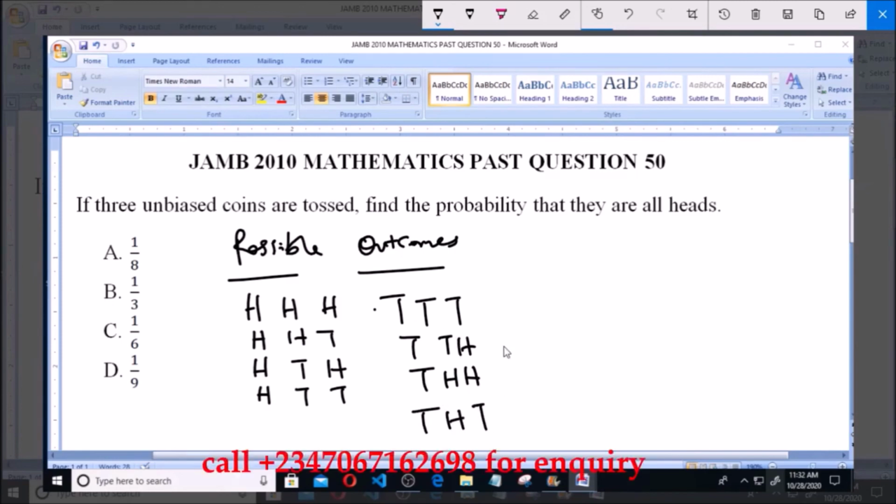Now these are the possible outcomes of the results when 3 unbiased coins are tossed.